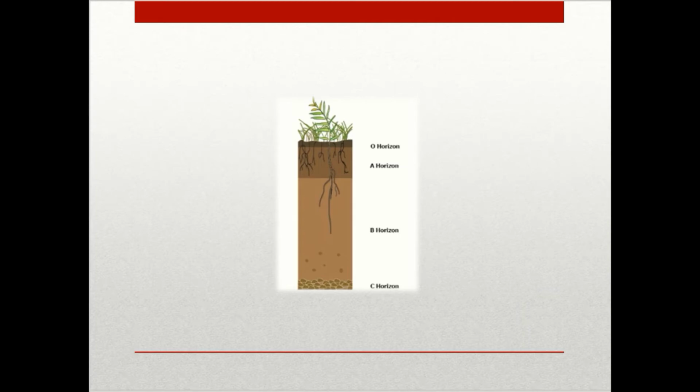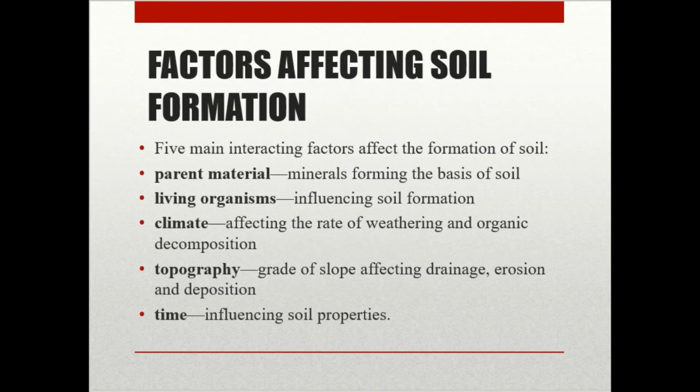Factors affecting soil formation. Five main interacting factors affect the formation of soil, which are parent material, living organisms, climate, topography, and time. Parent material is a very essential part of forming soil because it provides minerals to form the bases of soil.